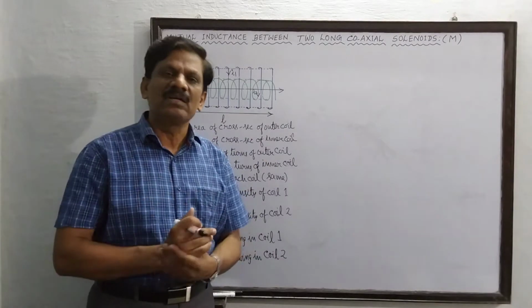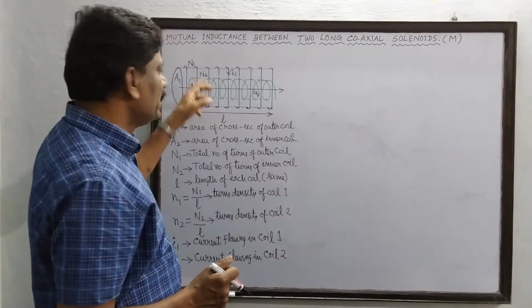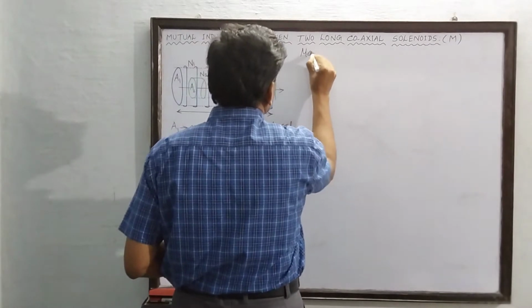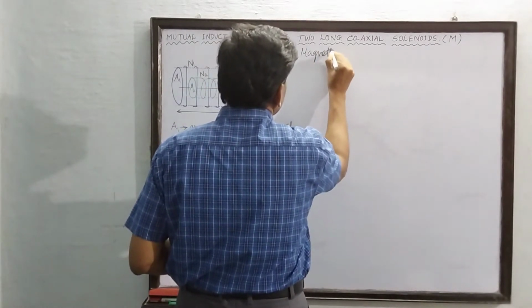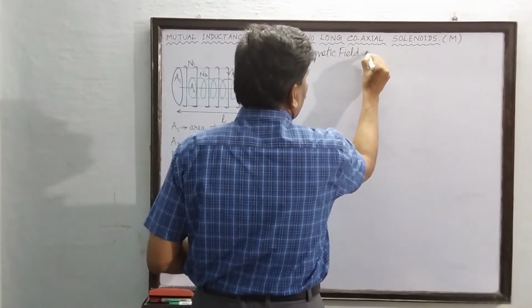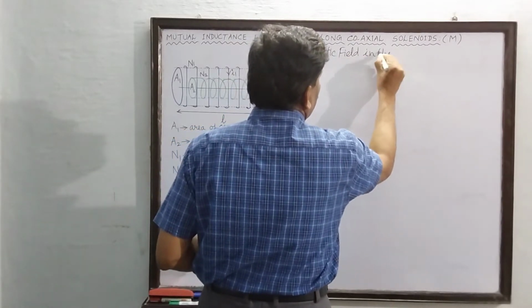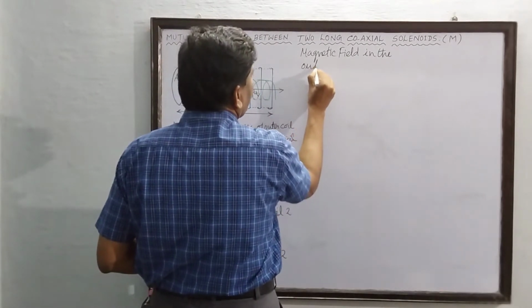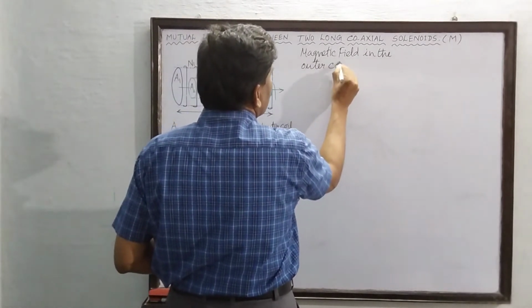So first we start with the magnetic field in the first coil, that is in the outer coil, which is the larger coil.